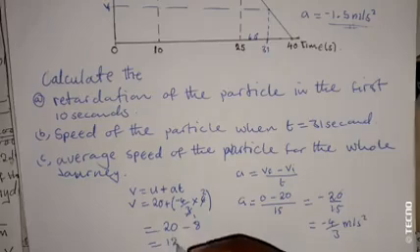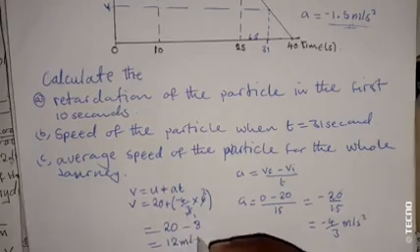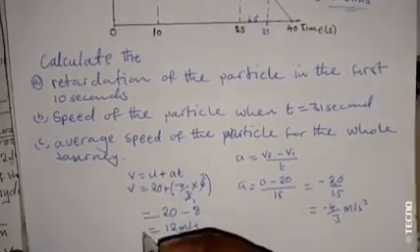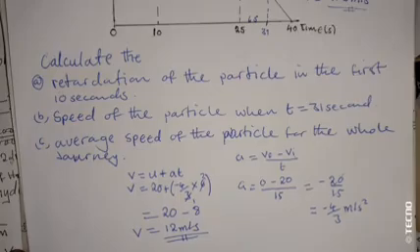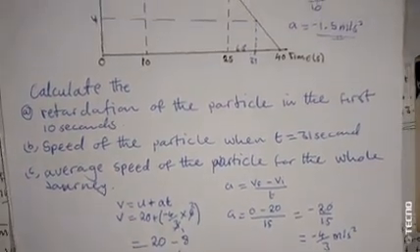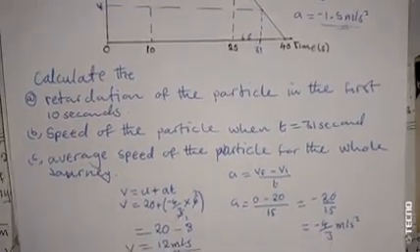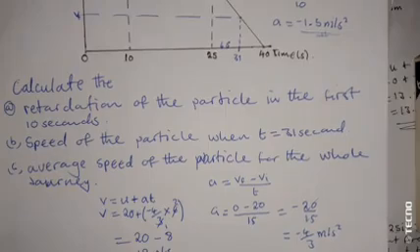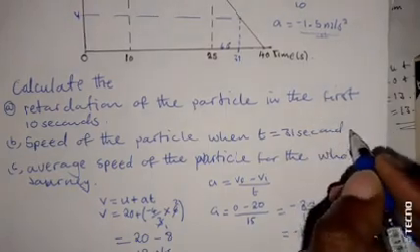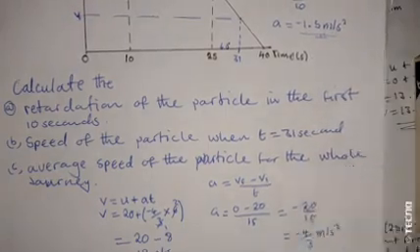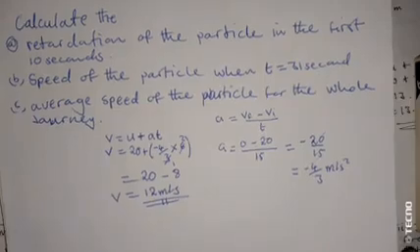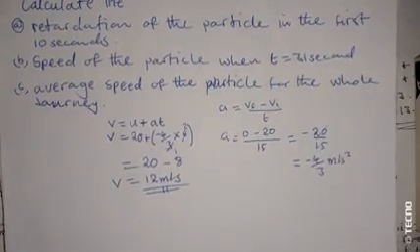It's 12 meters per second. So this is the velocity when time is 31 seconds. So here our answer is 12. Okay, then we proceed.